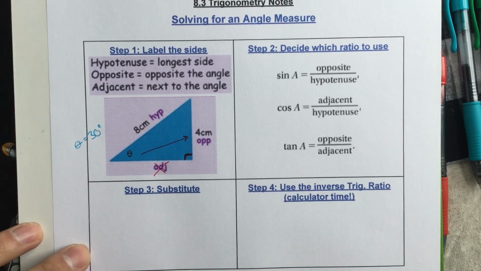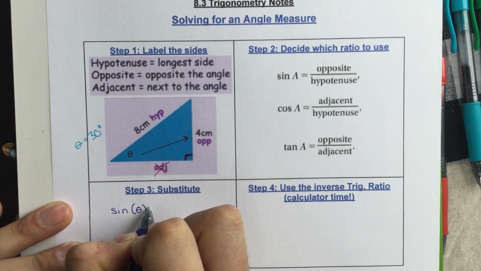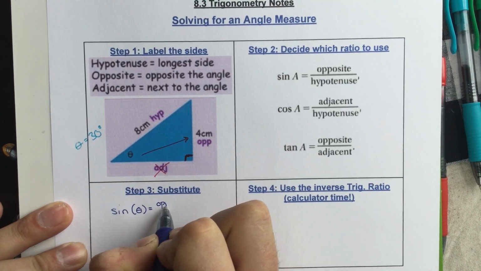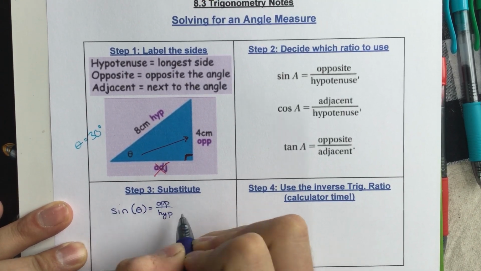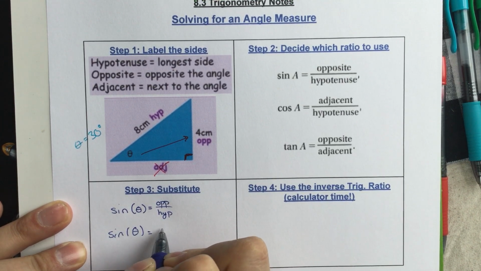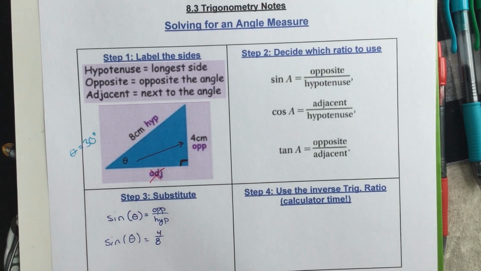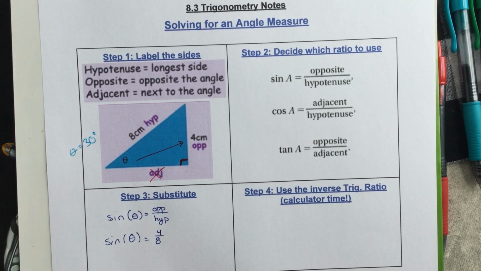All right, so I'm going to substitute: sine of theta equals, this was our opposite over hypotenuse, so sine theta equals 4 over 8. If you want to simplify that to 1/2, that is perfectly fine.